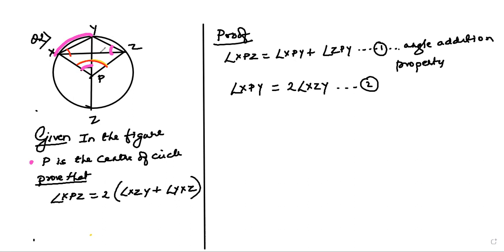So naturally, angle XPY is twice angle XZY. We call it the inscribed angle theorem. Your book is calling this the inscribed angle theorem, okay?